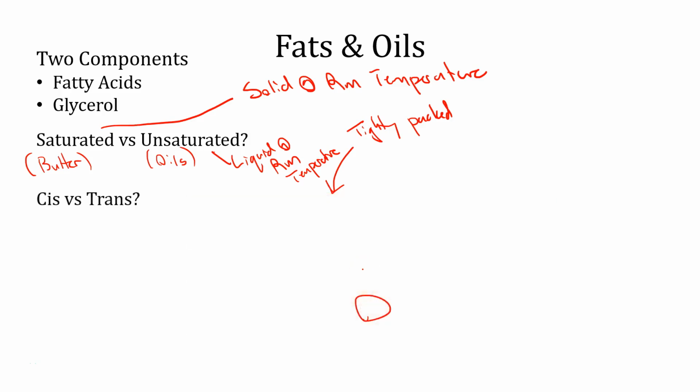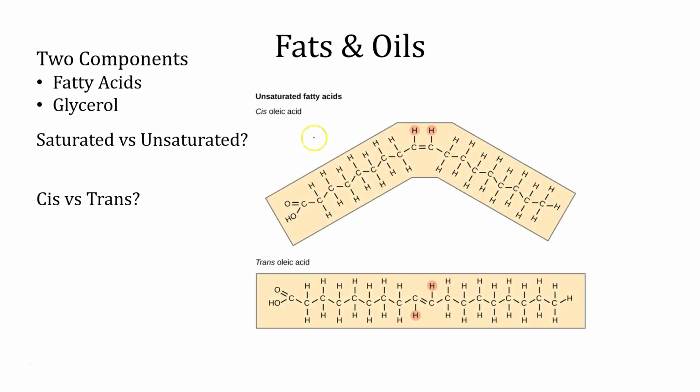All right, another category here is the shape of the molecule. Most of the time, like I said, when a double bond is formed, it is going to put a kink in the molecule, so it puts a big bend in it. This is generally what happens in nature.